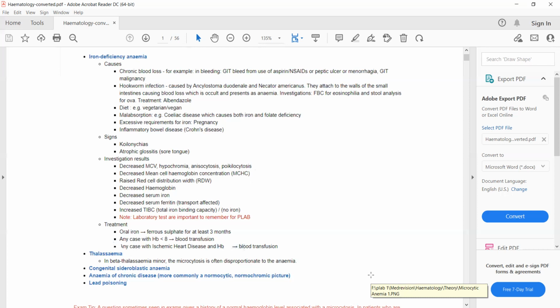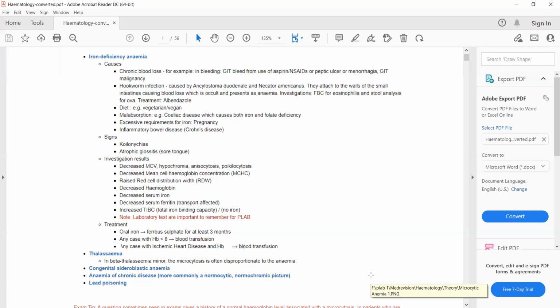So the common cause of microcytic anemia is iron deficiency anemia. And in iron deficiency anemia, what will happen to serum iron, serum ferritin, and total iron binding capacity? Because iron is deficient, serum iron will be decreased, and iron stores will also be depleted, so low serum iron and low serum ferritin.